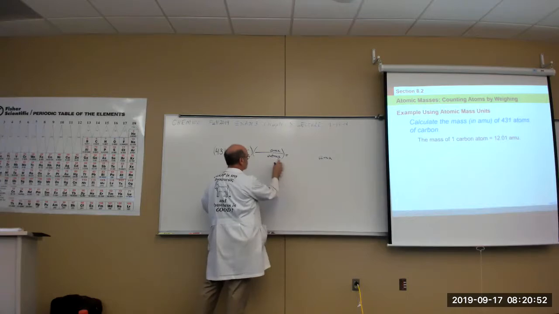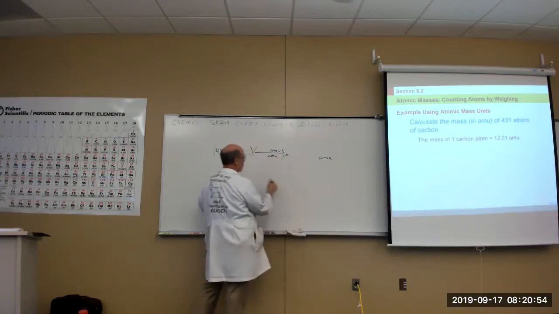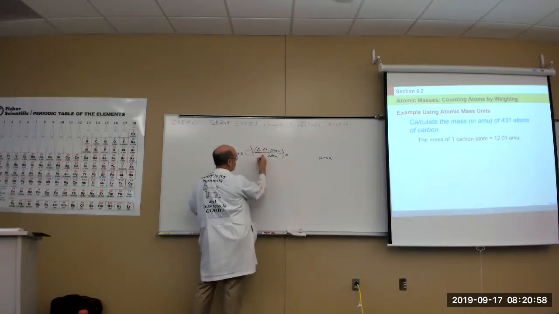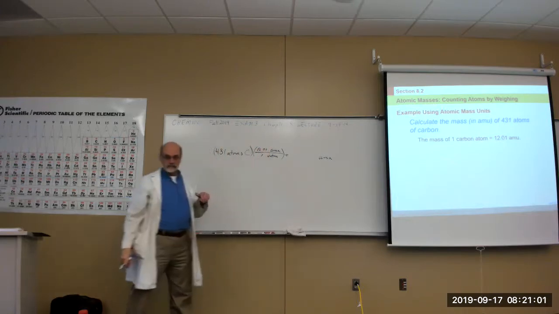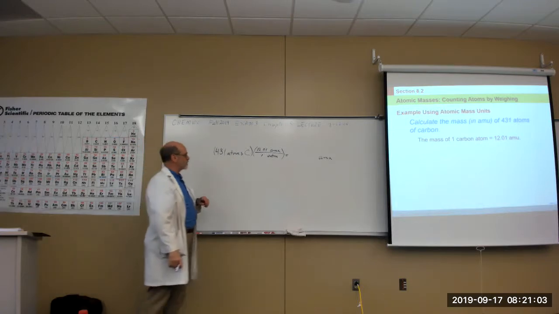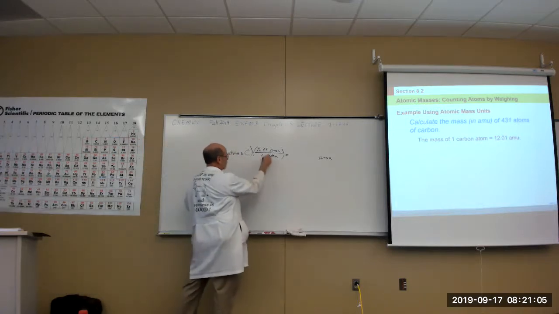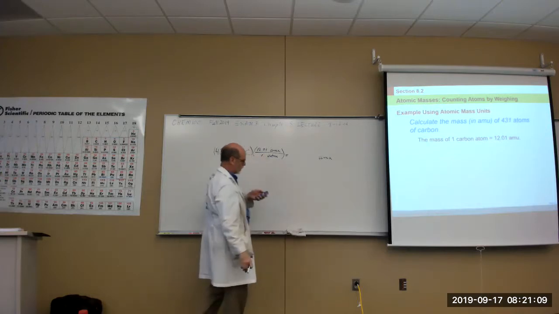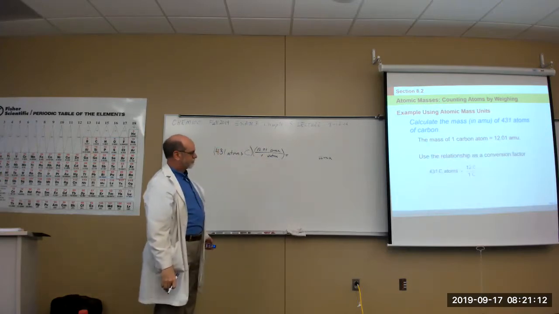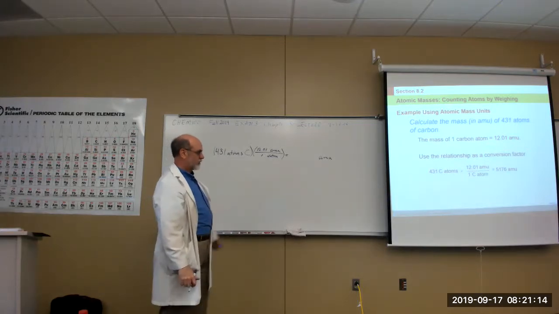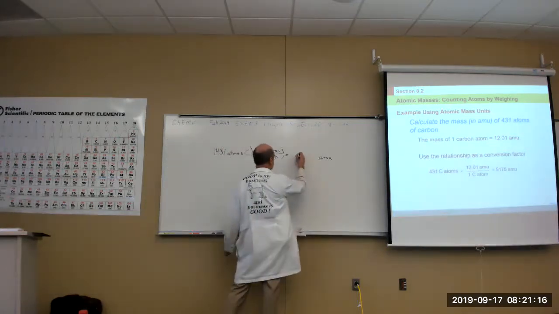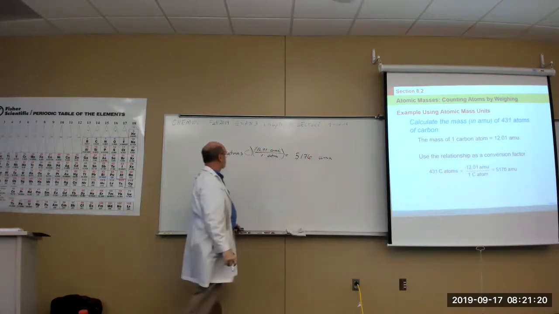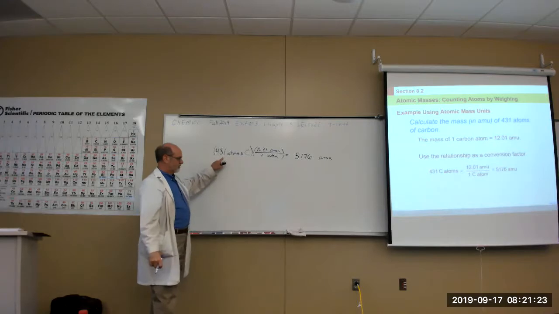Well, one atom is really all we're going to do. So this is 12.01 per atom. Right, that's our conversion factor. So atoms cancel, and we just need 431 times 12.01. And that gives us 5,176 atomic mass units for this many atoms.